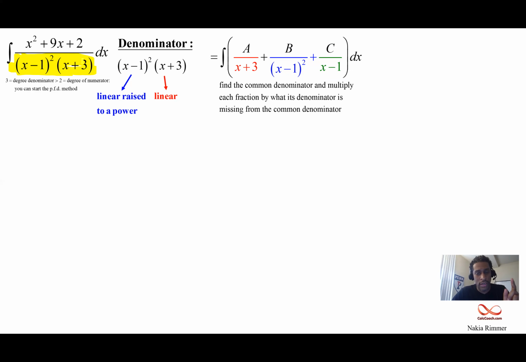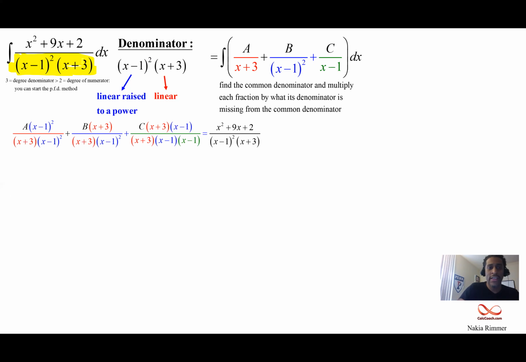Be careful about the third fraction. This is the one that gives students fits. You're trying to get the common denominator of x minus 1 quantity squared times x plus 3. You only have one factor of x minus 1, so you need another factor of x minus 1, and you're going to need the x plus 3. That's the one that students really mess up.